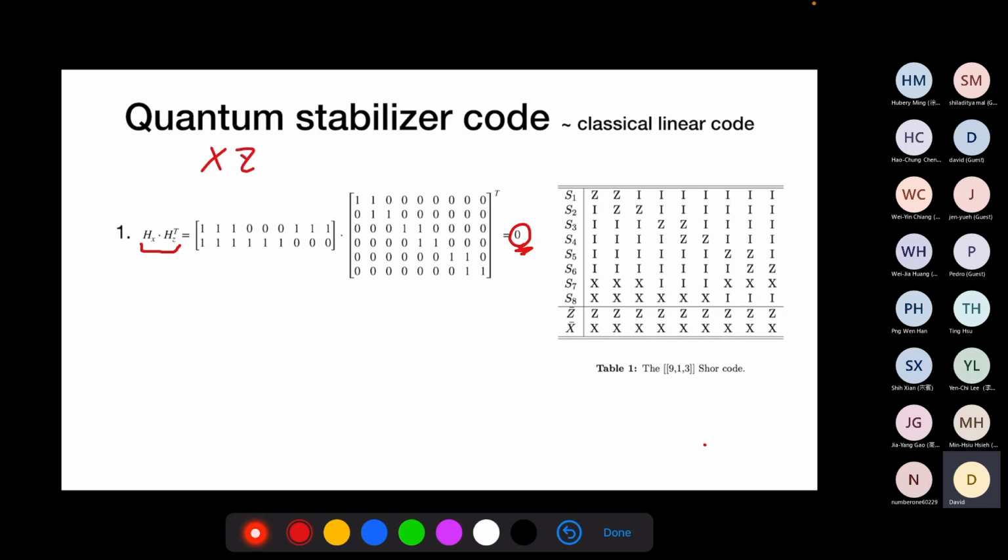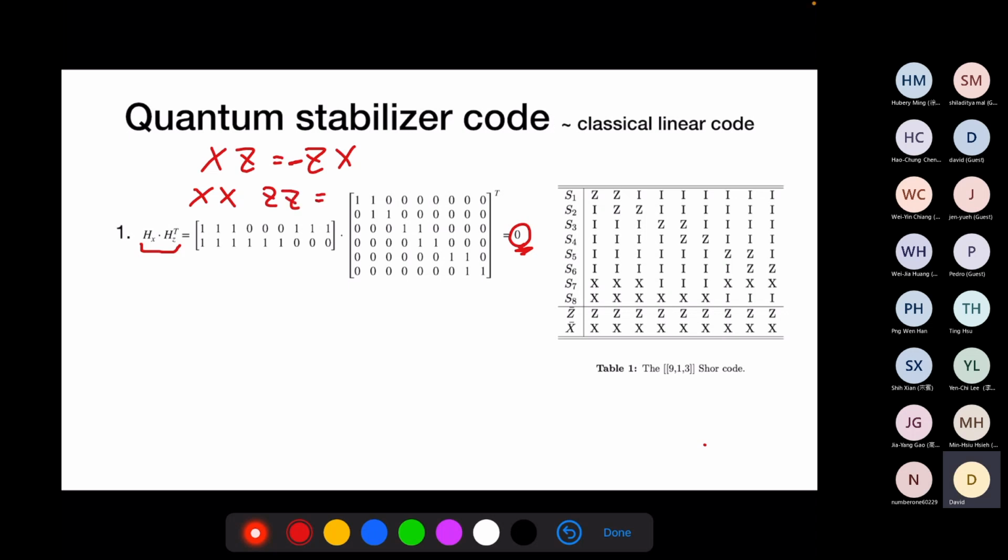And the reason is that X and Z anti-commute. That means for 2 stabilizers, the X stabilizer and the Z stabilizer, they always have to overlap on an even number of sites.